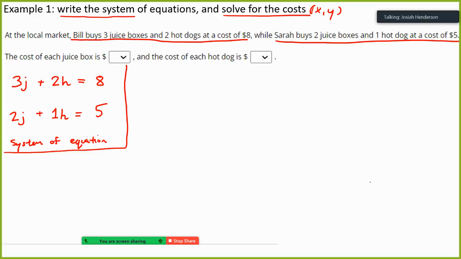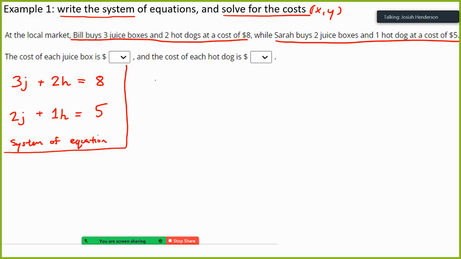So that's to solve a system by graphing. Then on Tuesday and yesterday, we did work with substitution, plugging one equation into the other. And today we're going to try eliminating one from the other. And the goal is to eliminate the H's or to eliminate the J's.